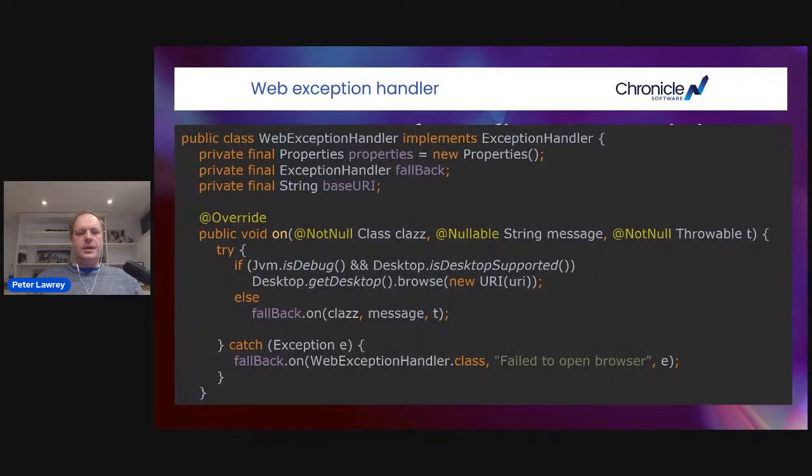Now, the last one is a little bit lighthearted. We have our own interface for exception handling. The reason we do that is that in all of our tests, we check that any message logged or any exception reported is an expected one.